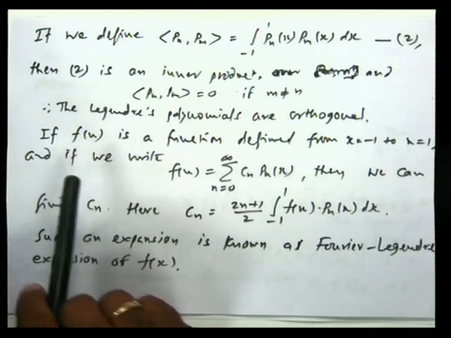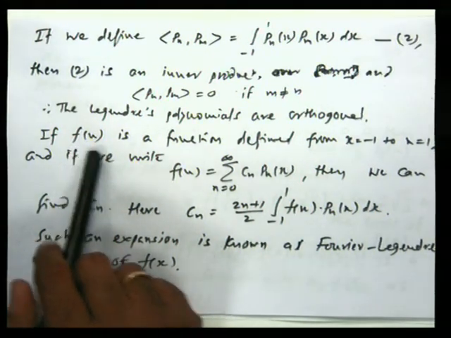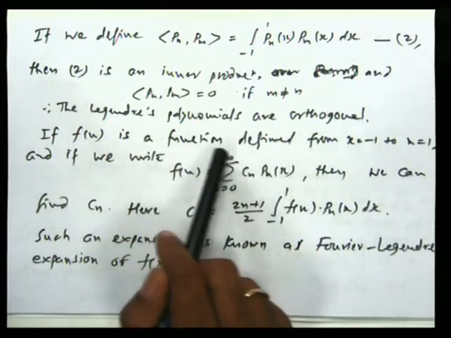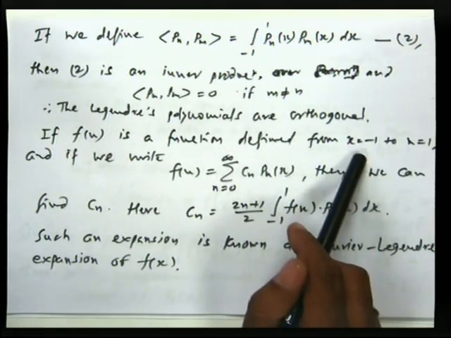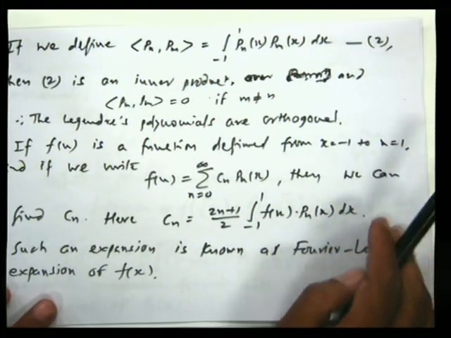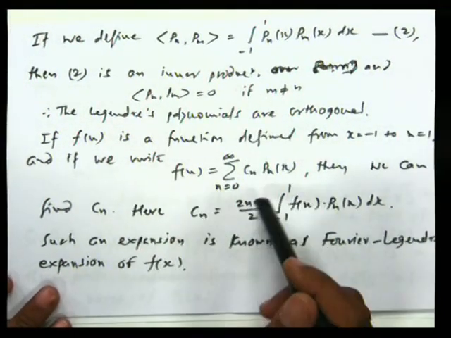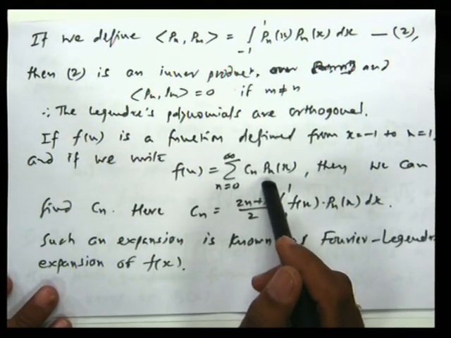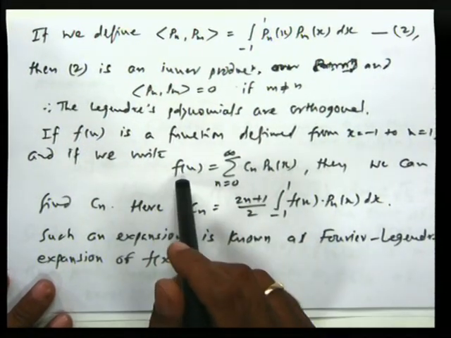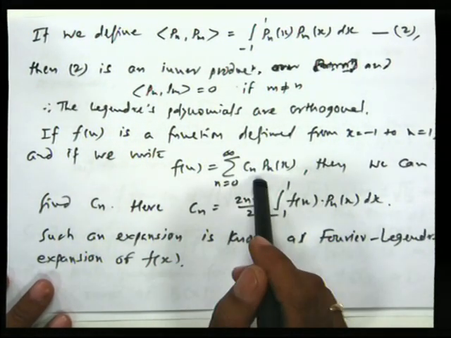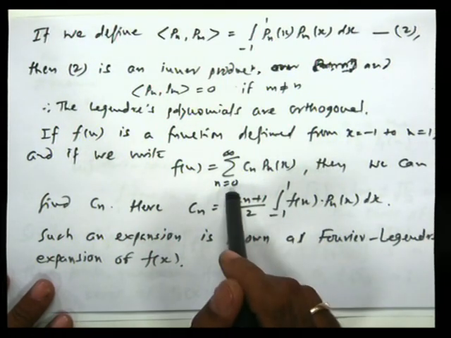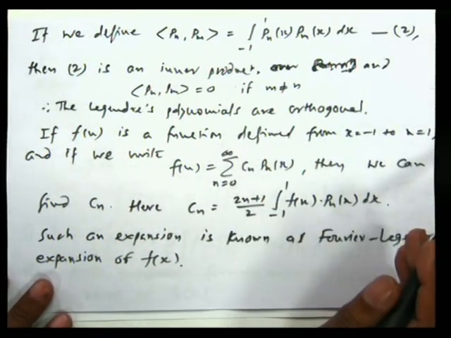Now let us take some function f(x), which you want to express on the interval from minus 1 to 1 in terms of these Legendre polynomials Pn(x). Suppose we can write f(x) as the summation of Cn Pn(x), where n takes values from 0 to infinity.